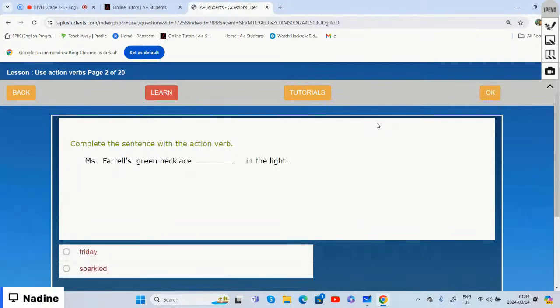The next one says Miss Farrell's green necklace, Friday in the light or sparkled in the light. Do we say Friday in the light or it sparkled in the light? Option one or option two to show the action verb.